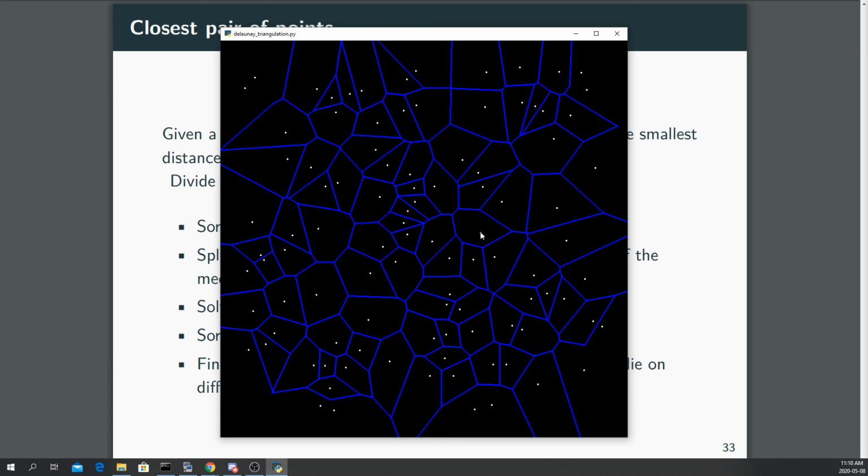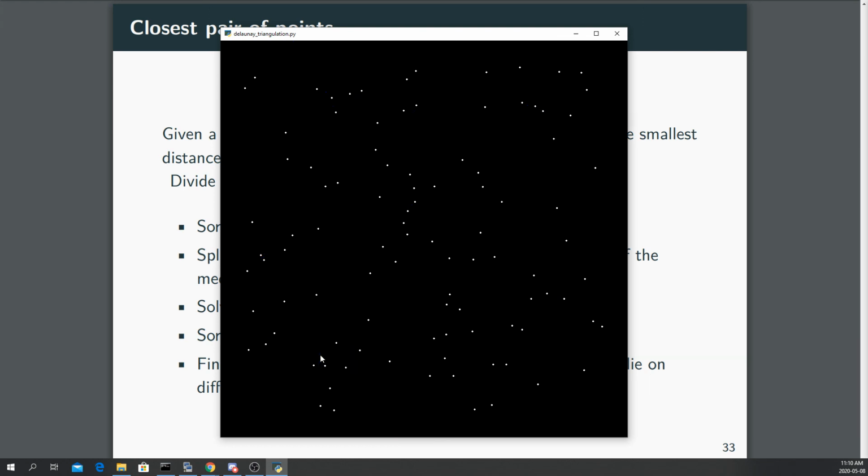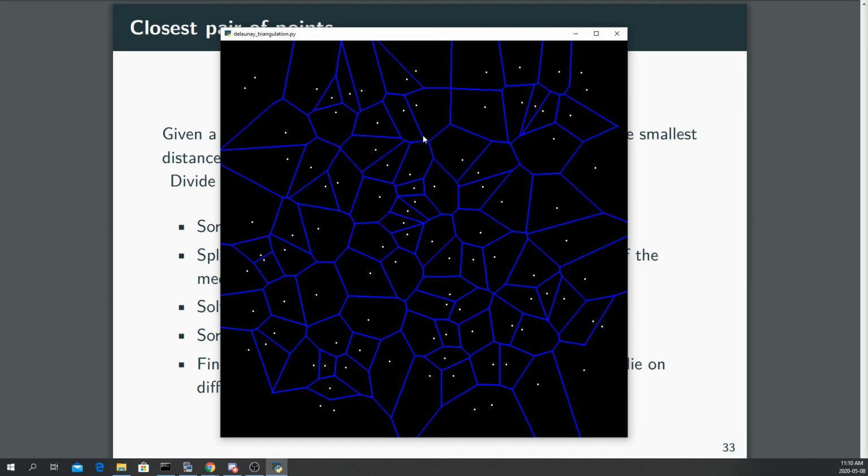If you give this a random point, so say we want to find, okay, we turn on the Voronoi diagram. What is the closest point to my mouse cursor right now, where it's pointing? Then you use the Voronoi diagram, and you see, okay, I'm within this region here, so it's going to be this point, because it's the only point in this region where my mouse cursor was placed.